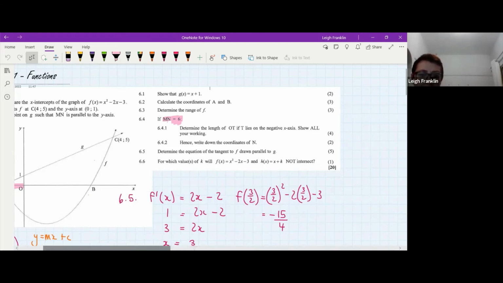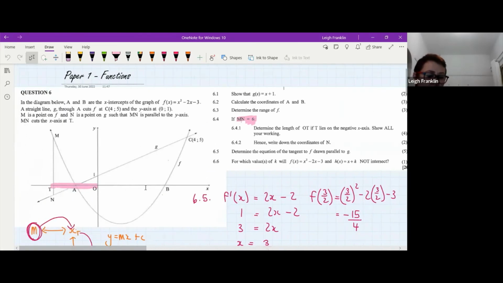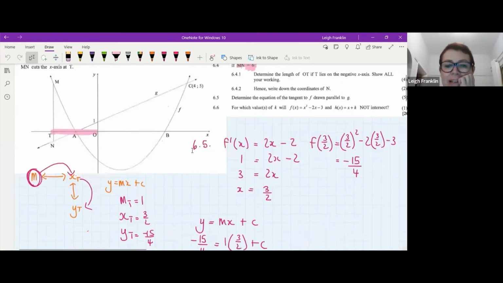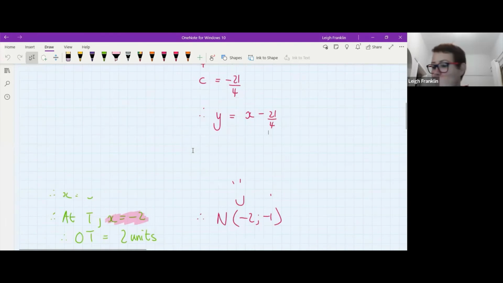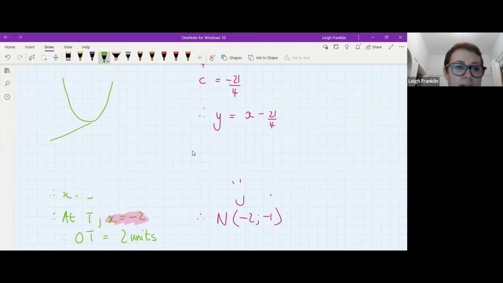When they say not intersect, what they mean in this case is that the straight line, and your parabola is like this, and when we worked out that it is a tangent, the corresponding y coordinate over here is minus 21 over 4.